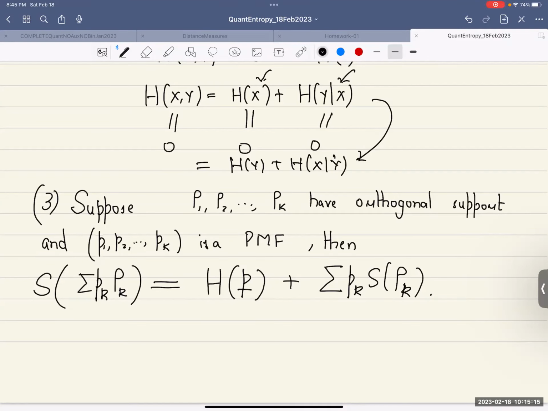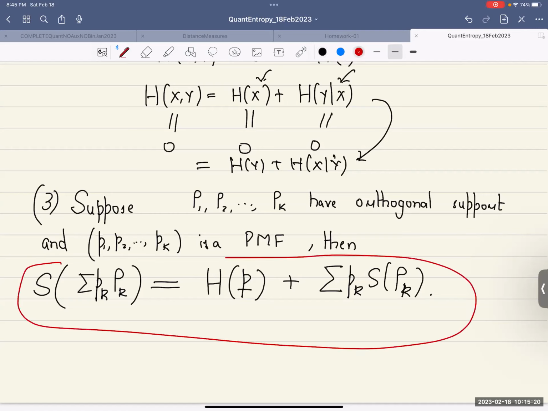So the way to read this, I'll tell you the physical way to read this equation.